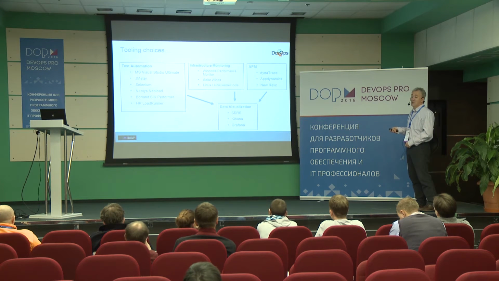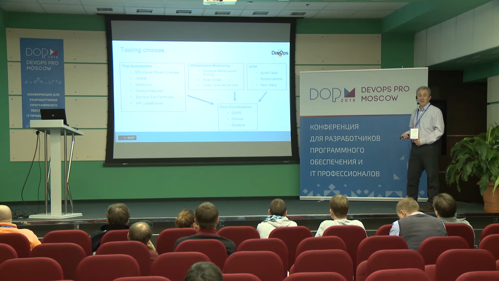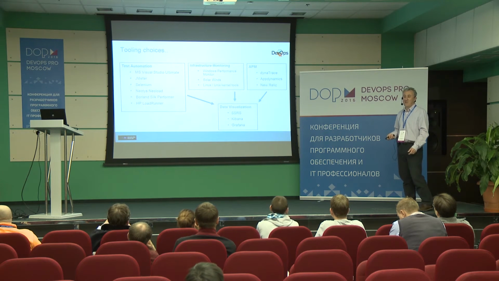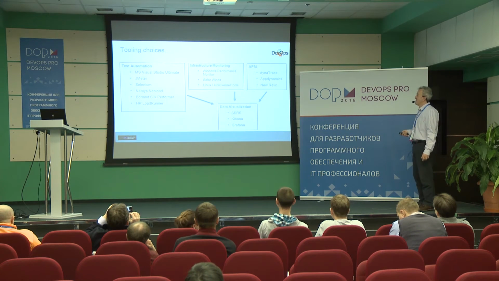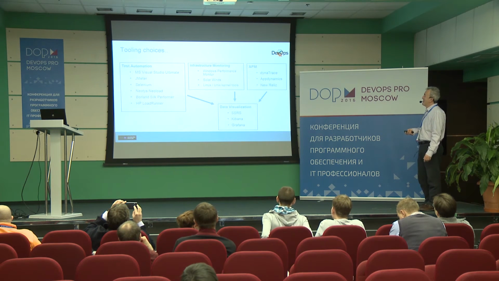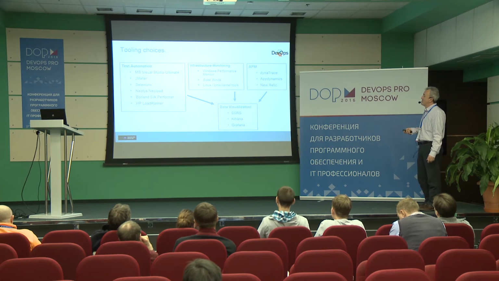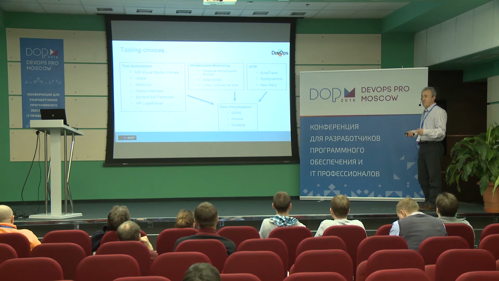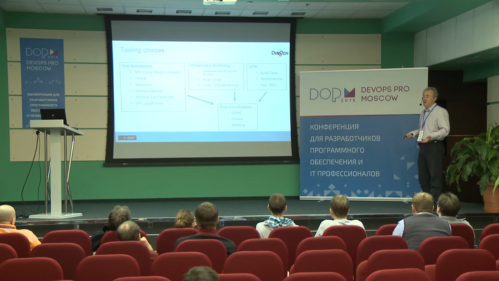In the open source world, JMeter has been around for ages. I absolutely hate it, but a lot of people use it, and it's free, and there's about a million plugins, so you can make it just about do anything if you're brave enough. It's actually quite a common choice for performance automation in dev, because it's free, a lot of people know about it, and it's relatively easy, certainly for web testing.